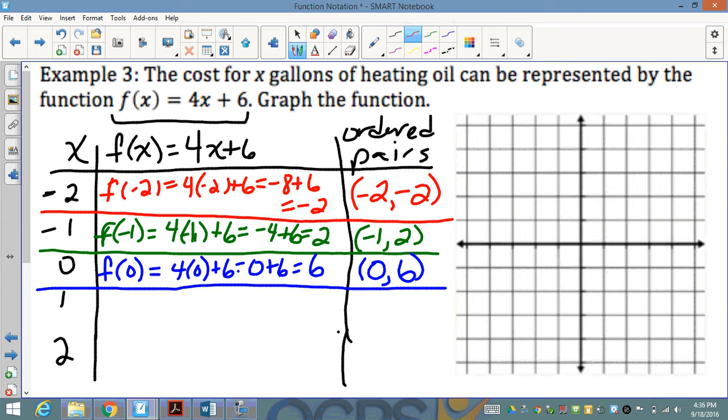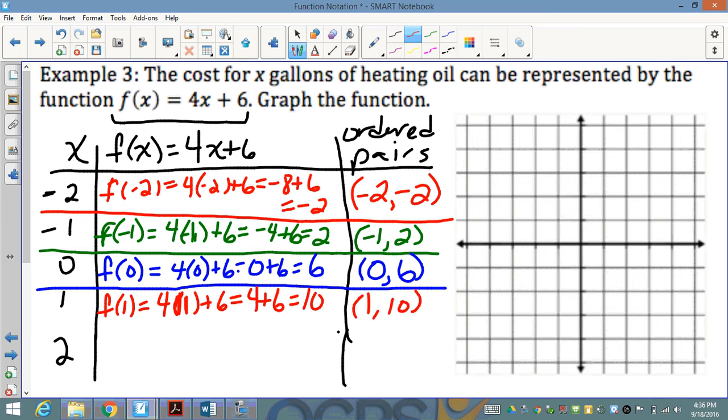Continuing on, x is 1. F of 1. I'm going to take out the x, plug in 1. So I get 4 times 1 is 4, plus 6 is 10. So that's the ordered pair 1, 10.